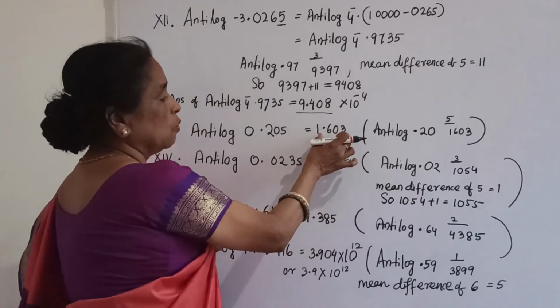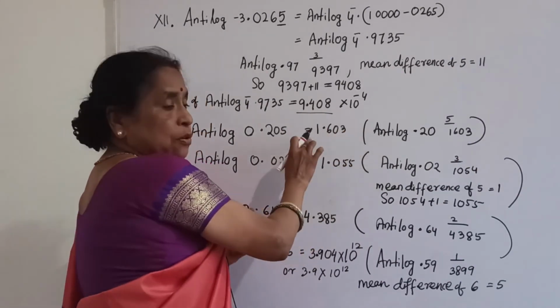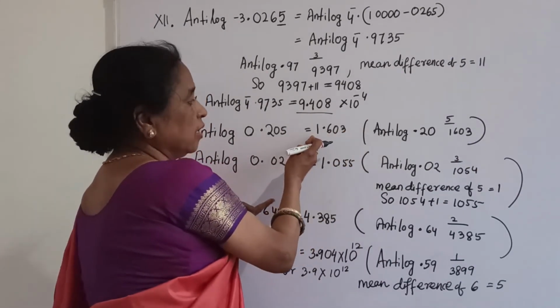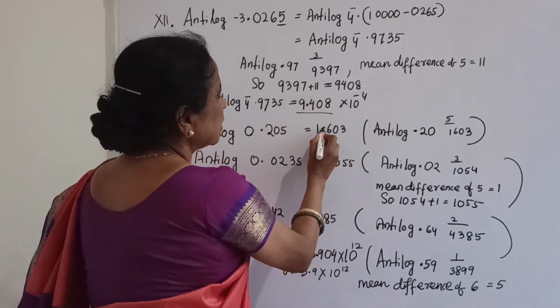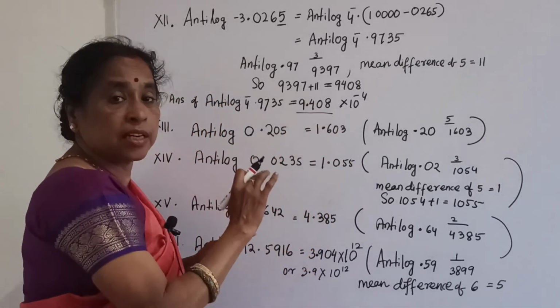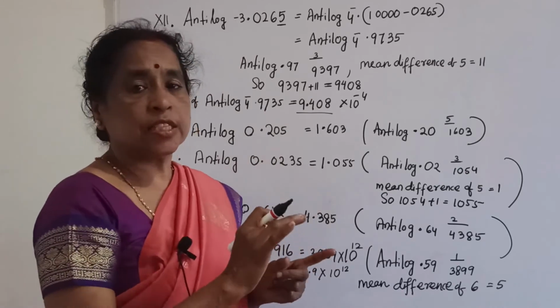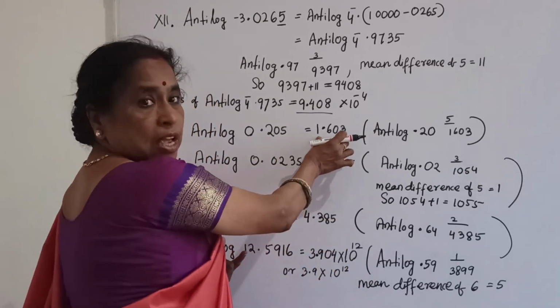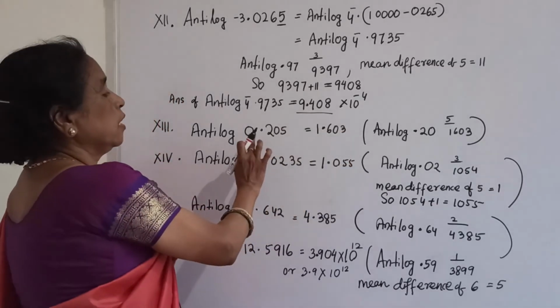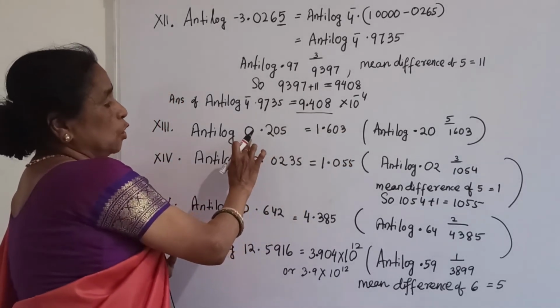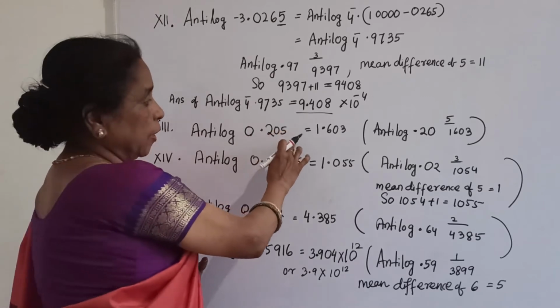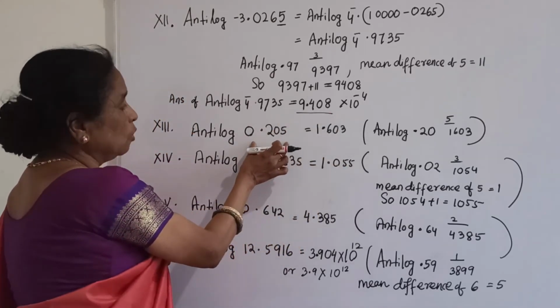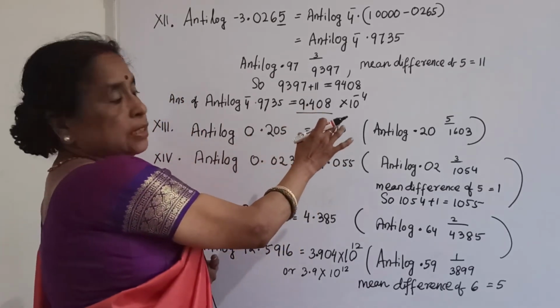You put here 1603, and after 1 you put a decimal sign. So the value here is 1.603. I told you also, if you find the log of this value, the answer should come, that is 0.205. Log of this equals this value, antilog of this equals this value.